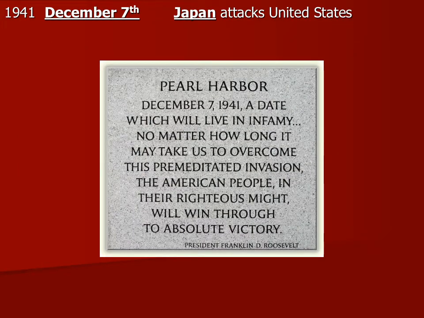This is actually part of the speech that FDR delivers. The one word that I always like to emphasize is infamy, because originally it wasn't infamy. He said December 7th, 1941, a date which will live in world history. Well, luckily, somebody had the idea and they scratched out world history and they put infamy, which means, of course, famous for being bad.